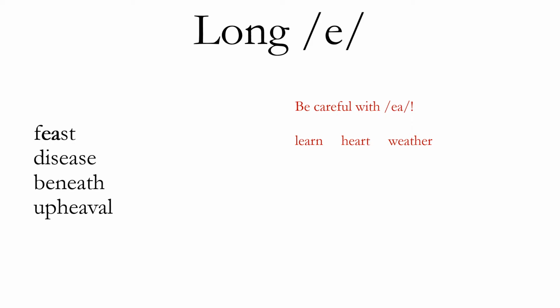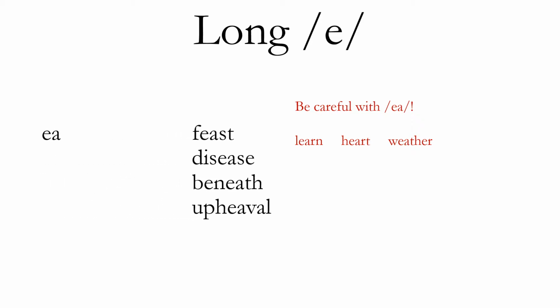Now let's take a look at long E, and we're going to learn three ways of making that long E sound here in this lesson. We've said before we have to be careful, but long E this time is going to be EA, as in feast, disease, beneath, and our challenge word, upheaval.